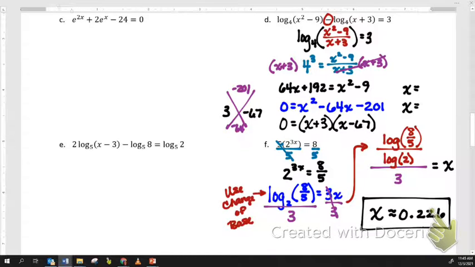So my two solutions here are negative 3 and a positive 67. Like I said earlier, this one is extraneous. This one is valid. Why is negative 3 extraneous? Has to be greater than 0. It comes out to be exactly 0, and it has to be strictly greater than 0.